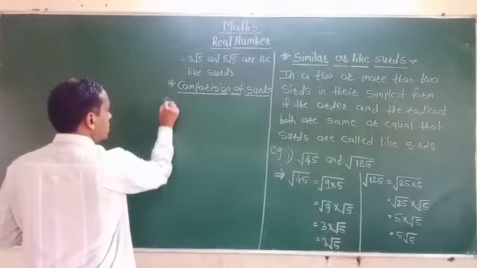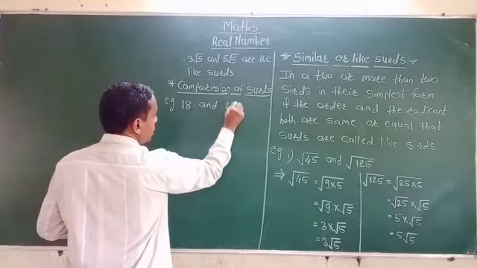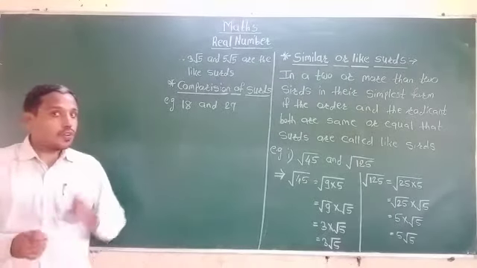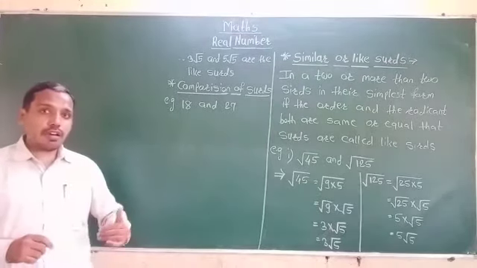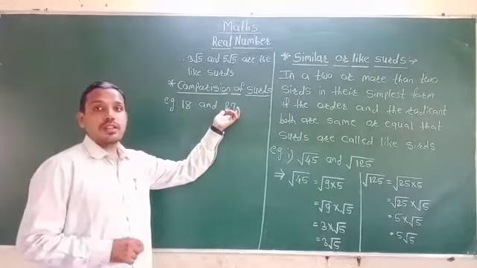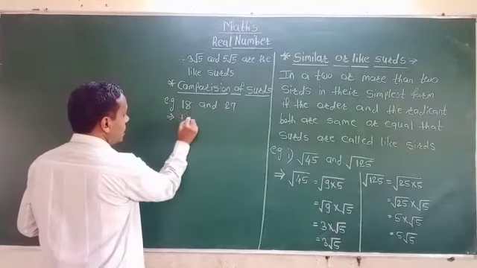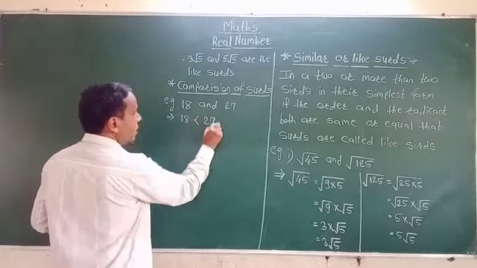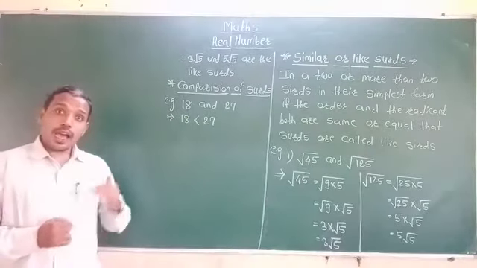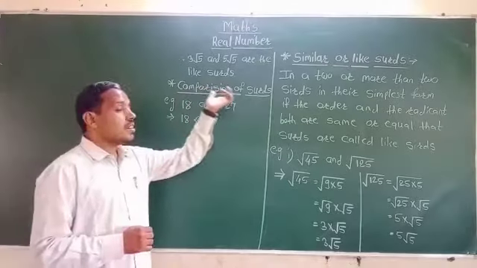For example, 18 and 27. The value of 27 is greater than 18, so we write 18 is less than 27, or 27 is greater than 18. We use that rule to compare two surds.